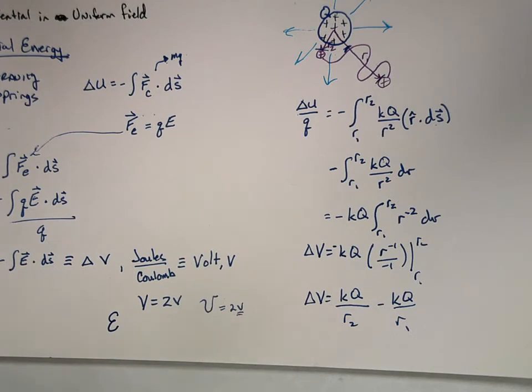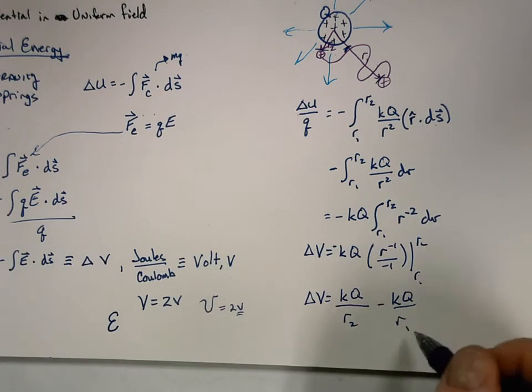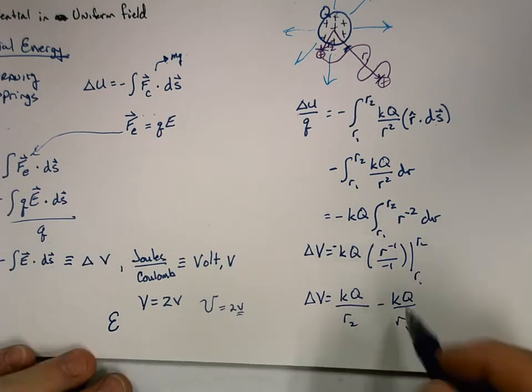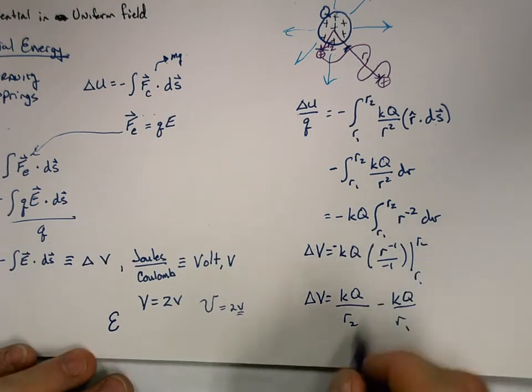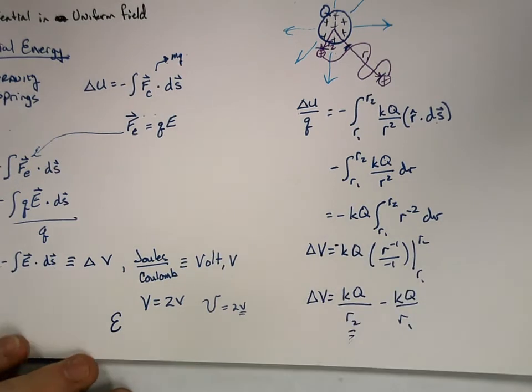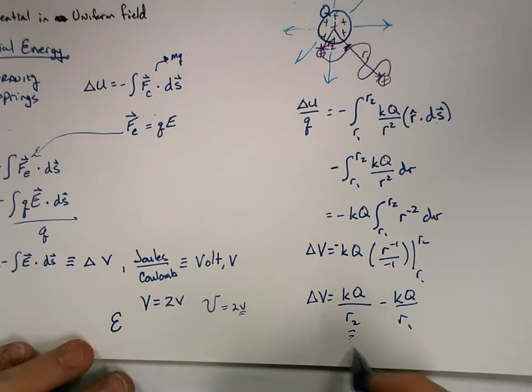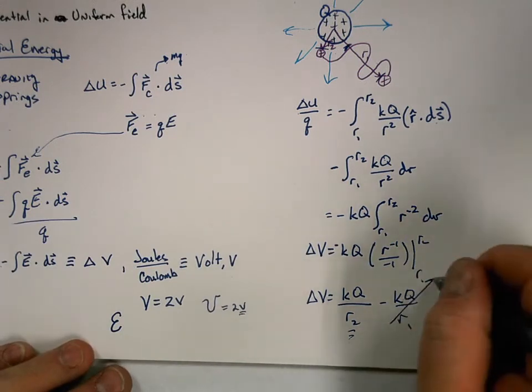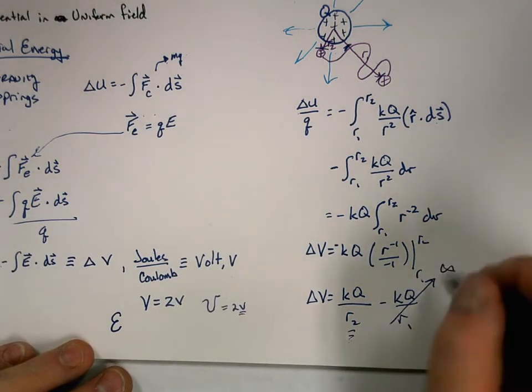We assigned that infinitely far away equaled zero. Same thing here. So what happens if we're just worried about the potential at a particular place? We imagine we went from a really far distance away and bring it to this place. This goes away.